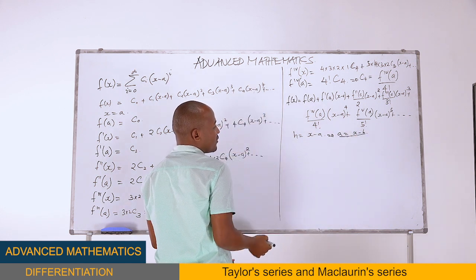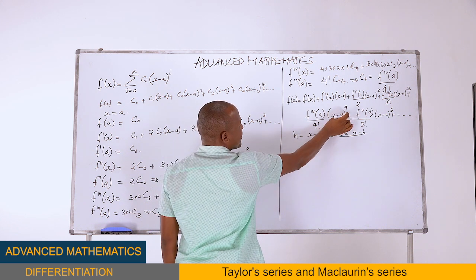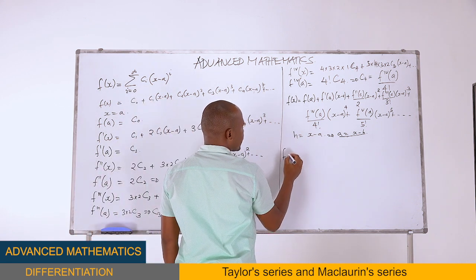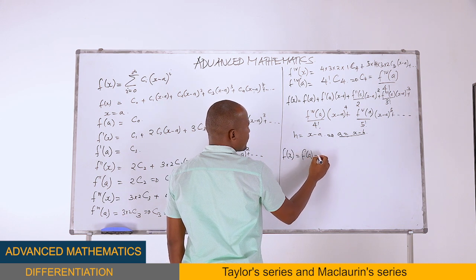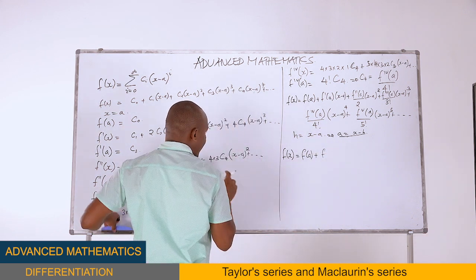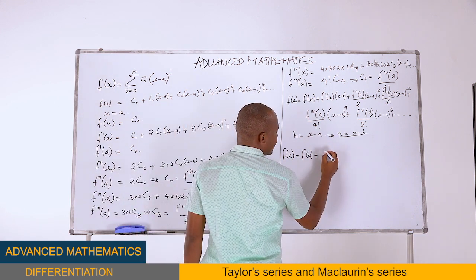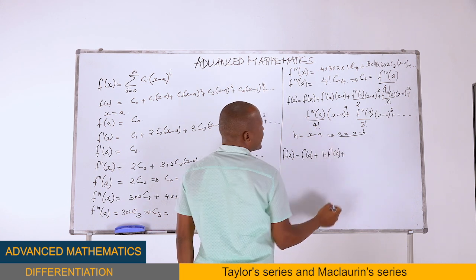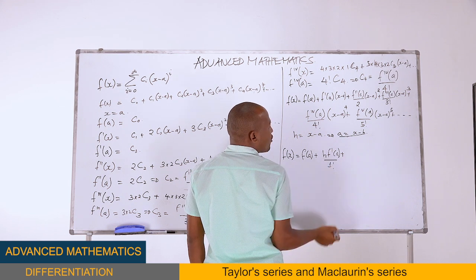That is to say, we are going to have the following. If we replace this term x minus a by h, f of x equals f of a plus f dash of a times h, since we are replacing that. Plus, in some other books, you can just write this over 1 factorial.